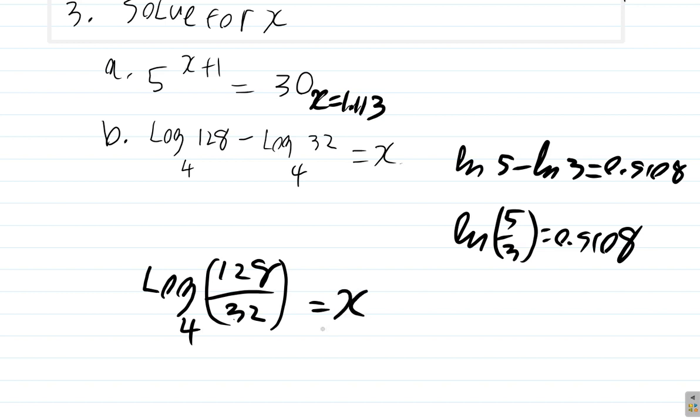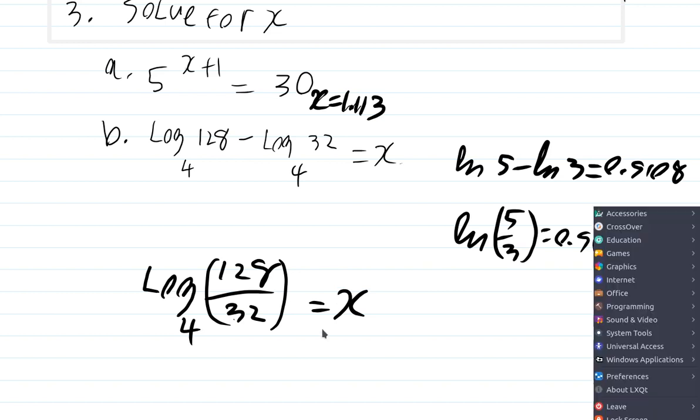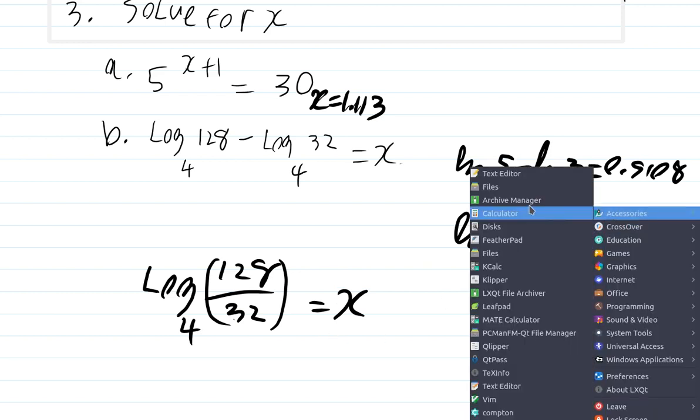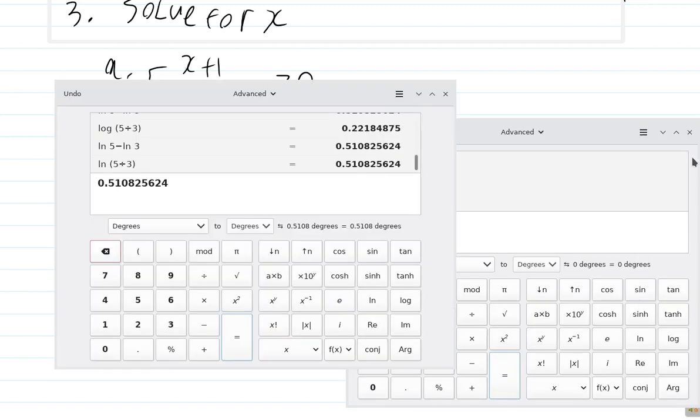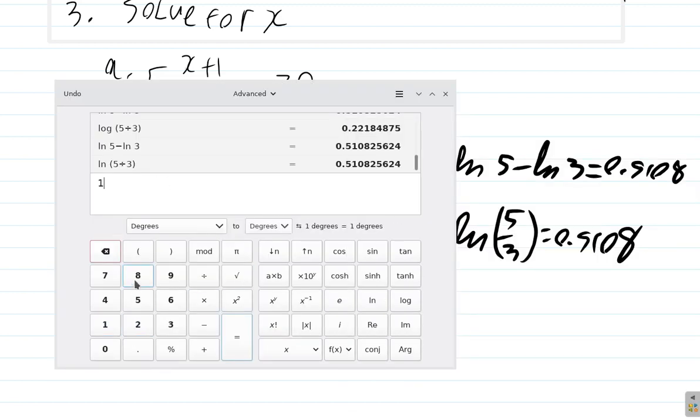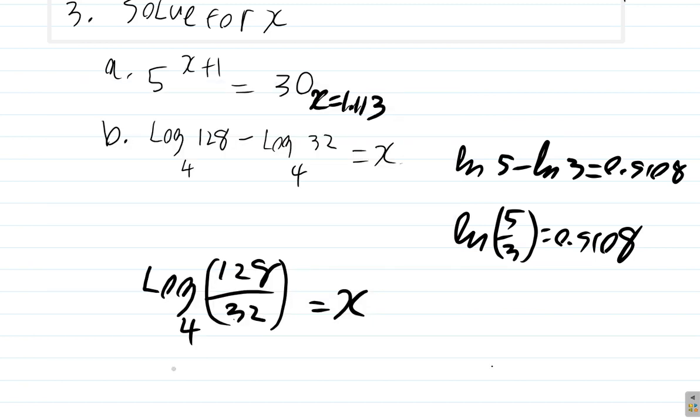What is 128 divided by 32? 128 over 32 equals 4. So this is the log of 4 with a base of 4 equals x.